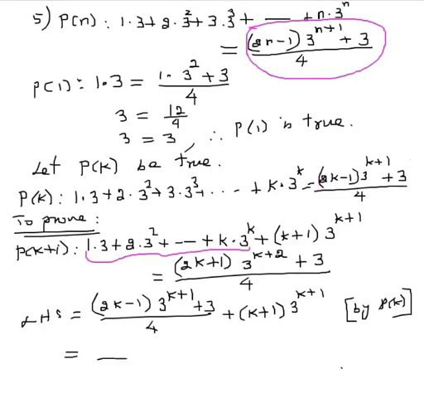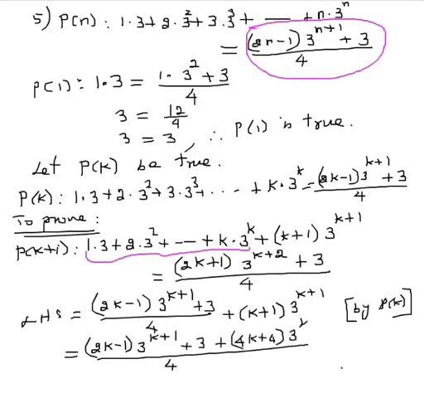Now let us simplify this by taking LCM 4. 2k minus 1 times 3 power k plus 1 plus 3, and this is 4k plus 4 times 3 power k plus 1. I have taken LCM 4, so I need to multiply the second term by 4.